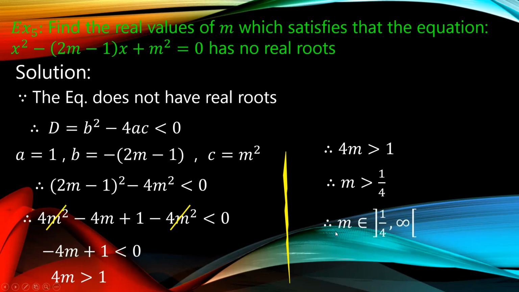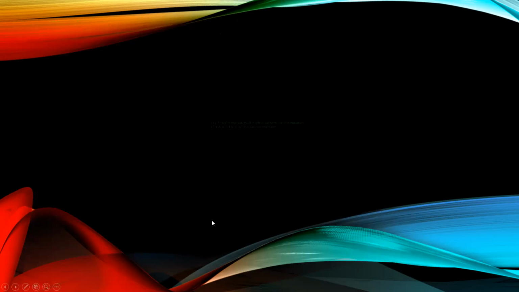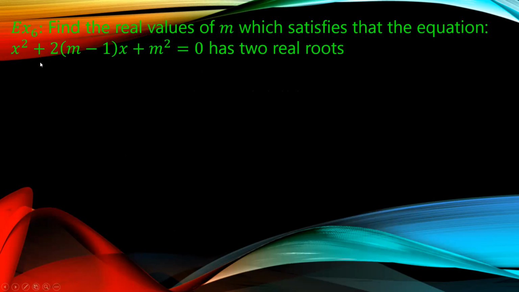Then write this as an interval: m belongs to the open interval (1/4, infinity). Example 6: find the real value of m which satisfies that the equation x^2 + 2(m - 1)x + m^2 = 0 has two real roots, which may be different or equal.